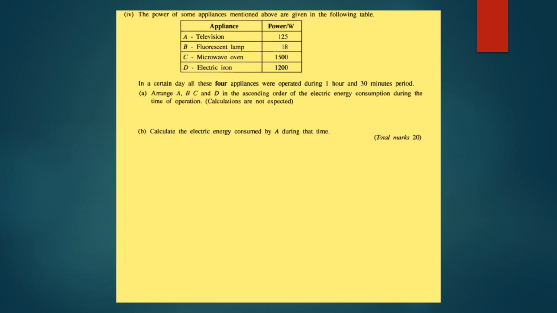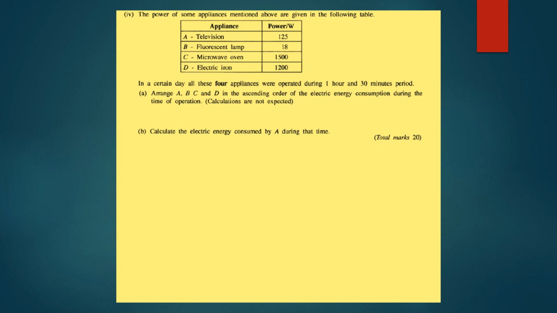Part 4. The power of some appliances mentioned above are given in the following table. A. Television 125 watts. B. Fluorescent lamp 18 watts. C. Microwave oven 1500 watts. D. Electric iron 1200 watts. In a certain day, all these four appliances were operated during a 1 hour and 30 minutes period.